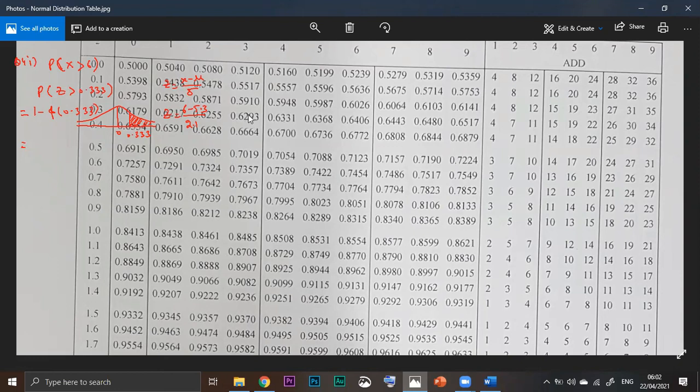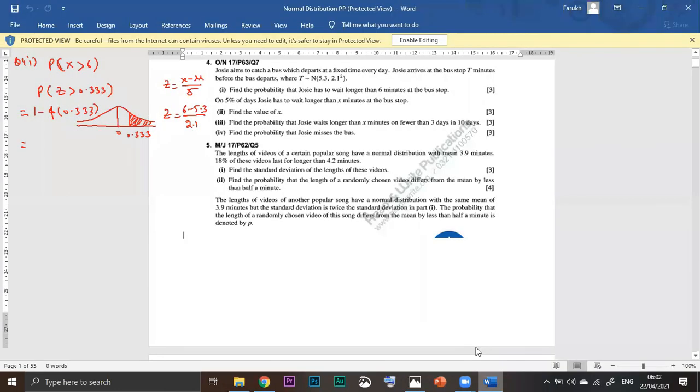No. Okay, 0.6304. So this one is 1 minus 0.6304. What's the final answer? 0.3696. Now part number 2.